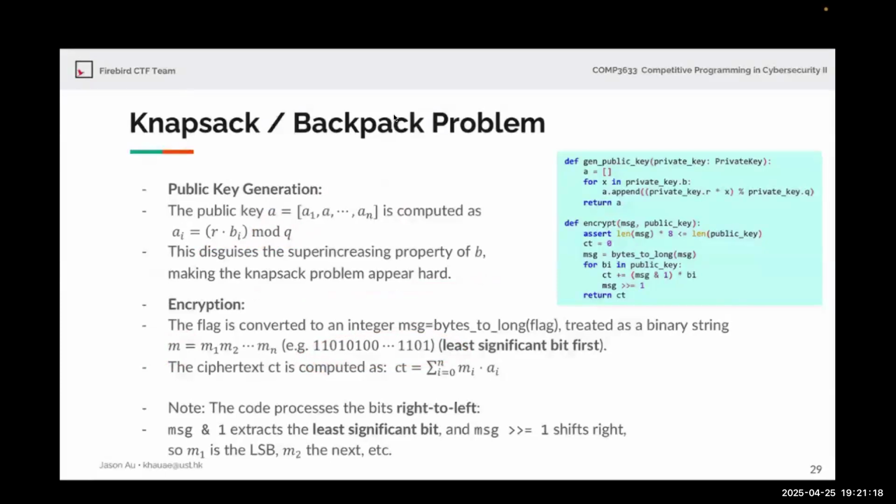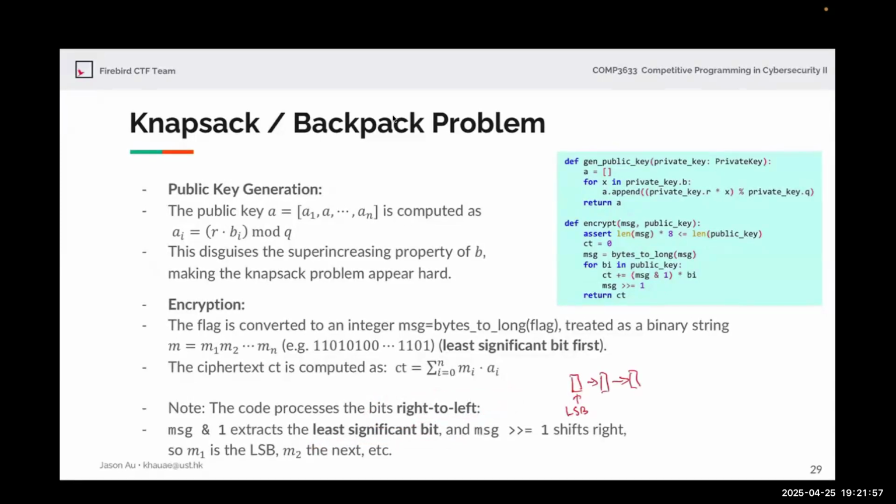And then something that we need to take note of is that the encryption process is performed from right to left, because this line actually extracts the least significant bit first, and then it shifts right. So the left one is the least significant bit, and the next one is the second least significant bit, and then it goes on to the right.